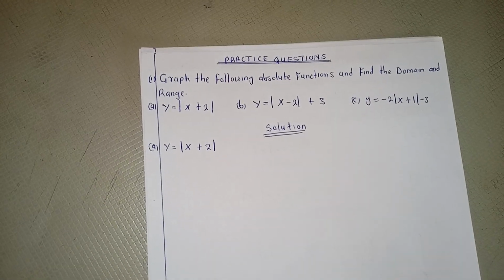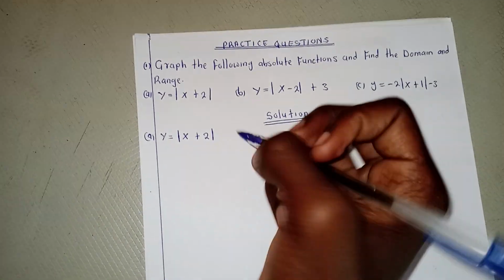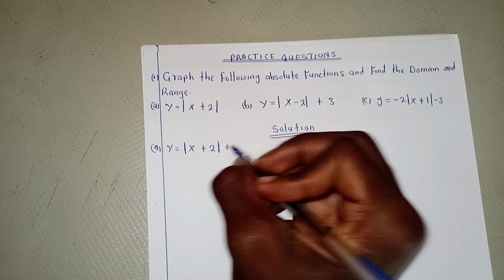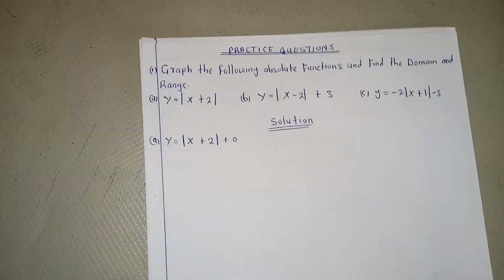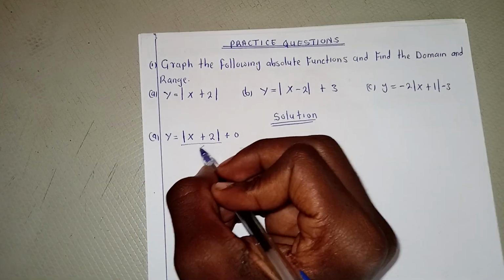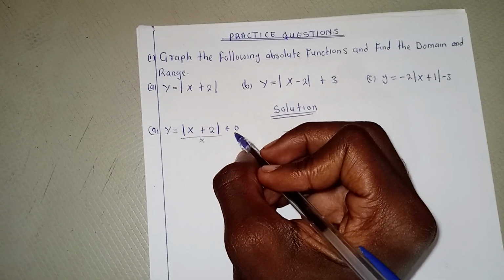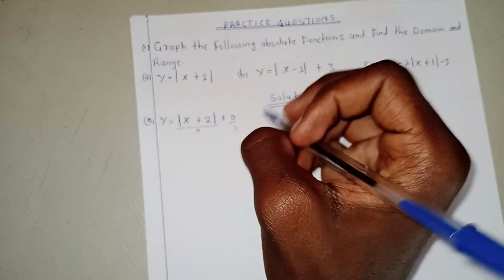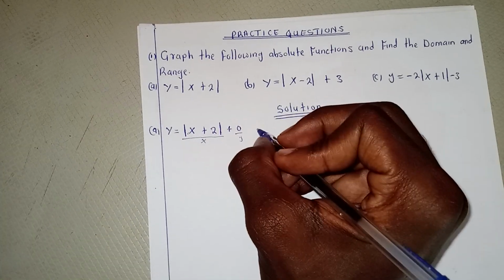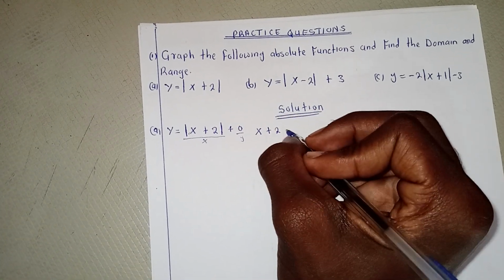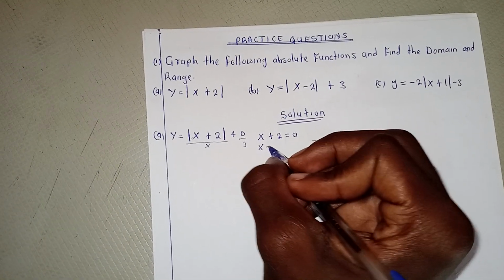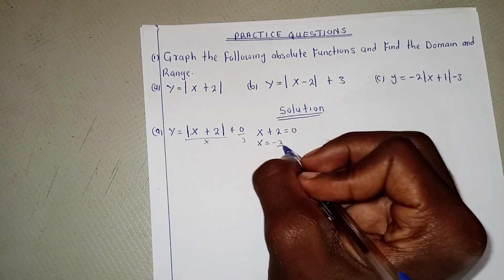How do we plot this one? The first thing to work out, since you know that this has a 0 here, which you can't see, then this part, remember what we did on radicals, this part is going to represent some x, this part some y. Now we can simply work out what's inside the absolute value, so x plus 2 equal to 0, then x equal to negative 2.